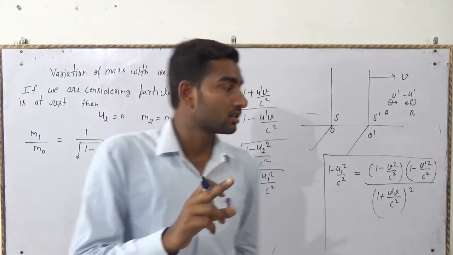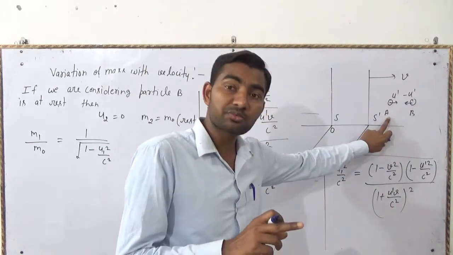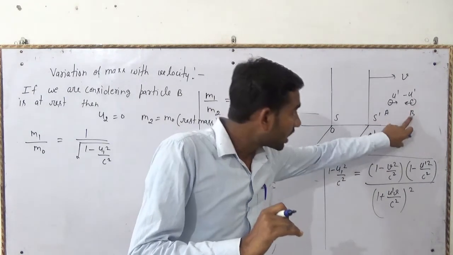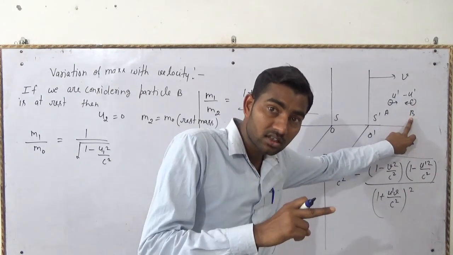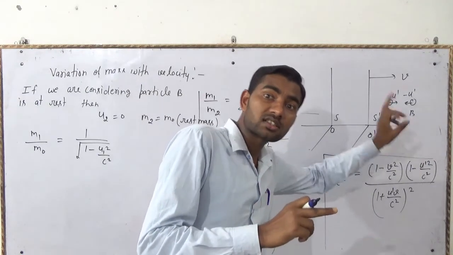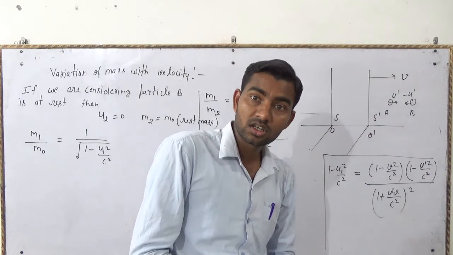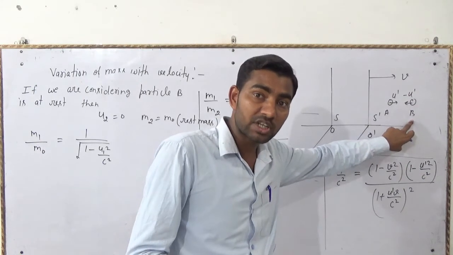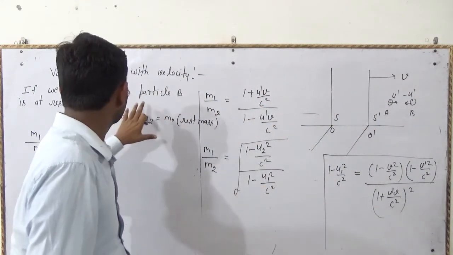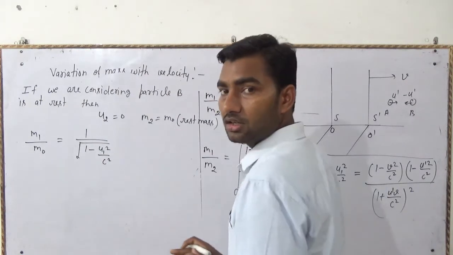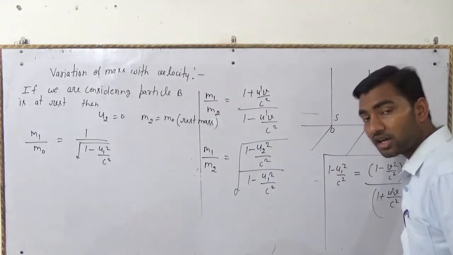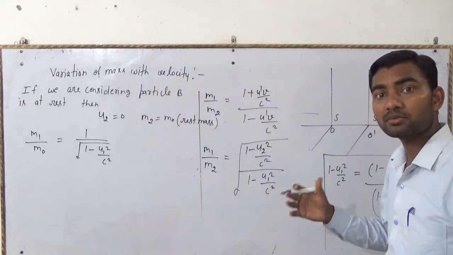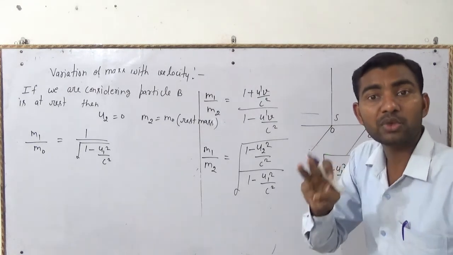Because this particle is moving along positive x-axis, and we have assumed this particle is at rest, and also both particles are identical, the mass of particle B at rest will be m naught. Also the other mass will be m naught, because we have assumed both particles are identical.